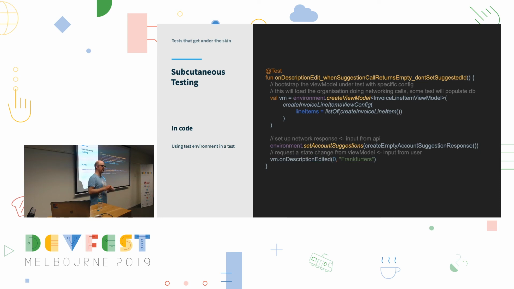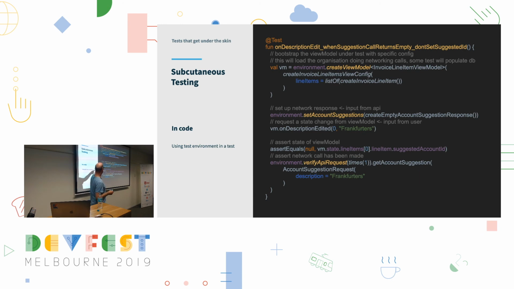We just type the word Frankfurter in the description field because we're running a hot dog business. Now we can do the assertion, right? We assert that the suggested account ID in our line item is still null, and we verify that the request we expected has actually triggered, and that the parameters we expected to be passed have been passed.